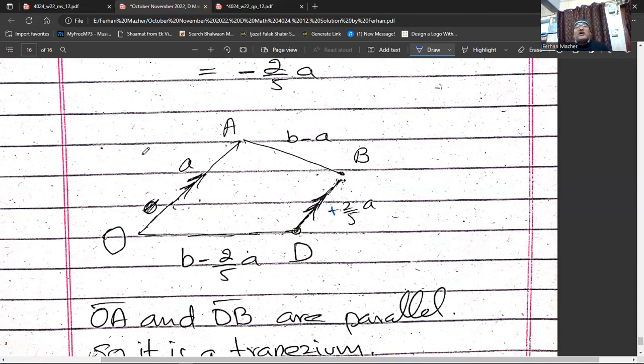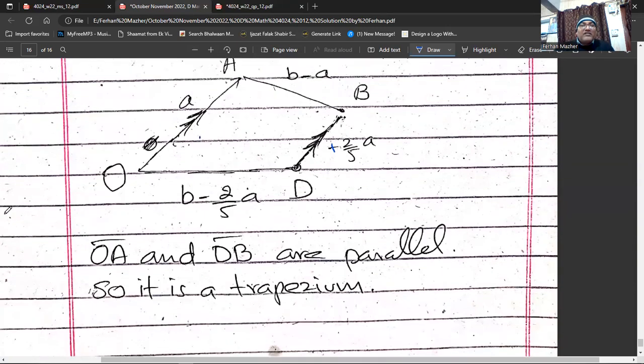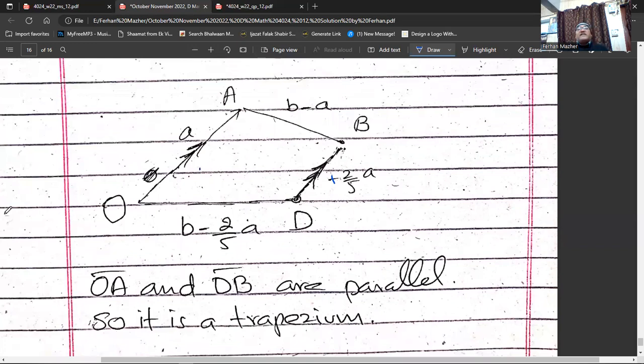That means that OA and DB are parallel to each other. So from their value, I will say OA and DB are parallel. So it's a trapezium. In a quadrilateral, if two sides are parallel and two are not parallel, that means that's a trapezium.